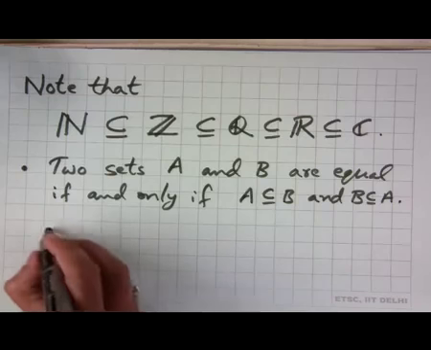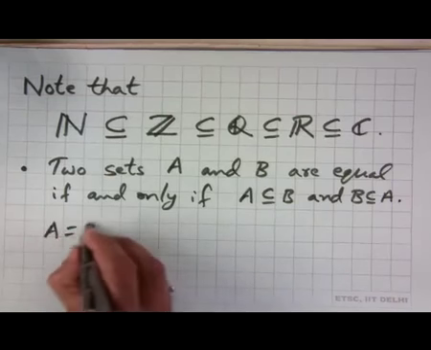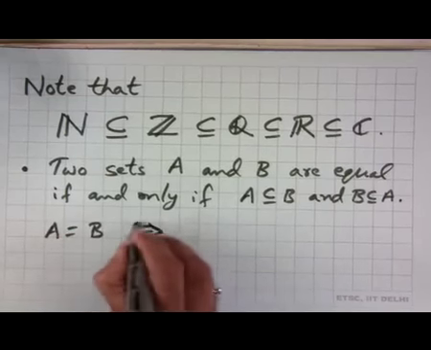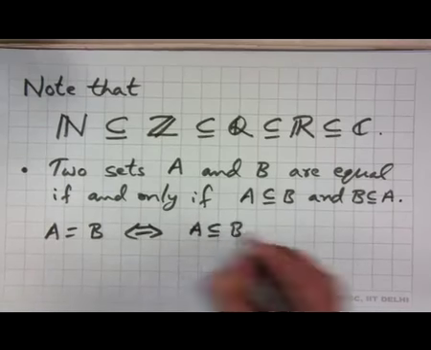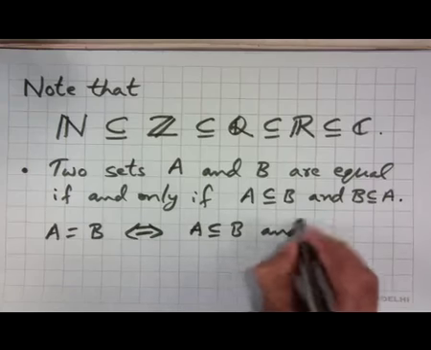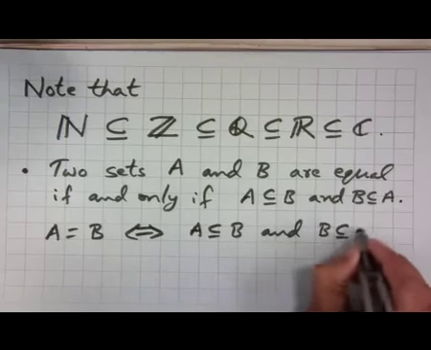So, A is equal to B, this is equivalent to A subset of B and B subset of A, right.